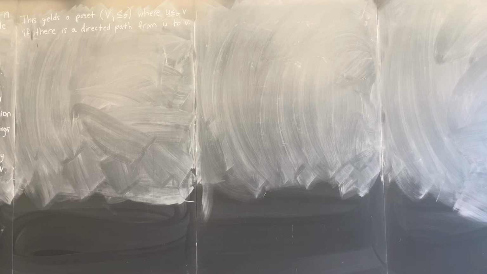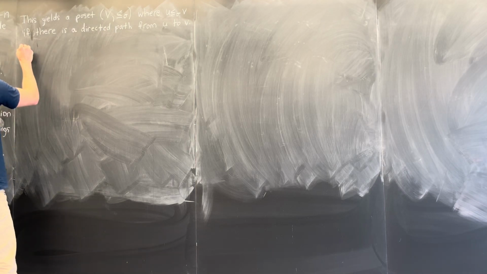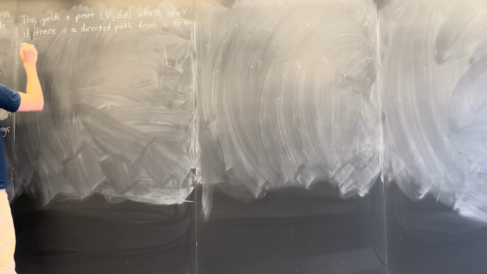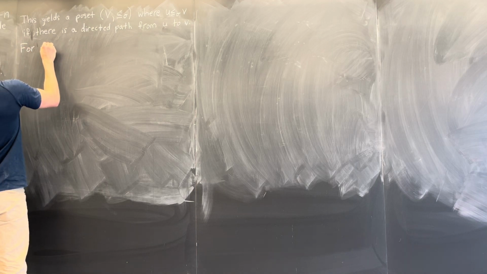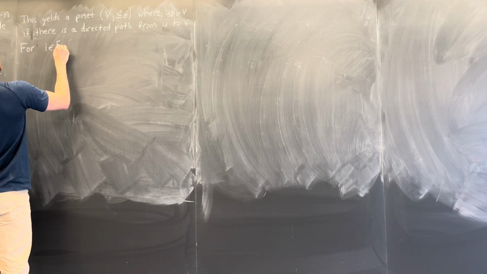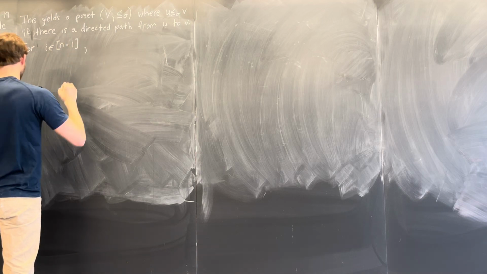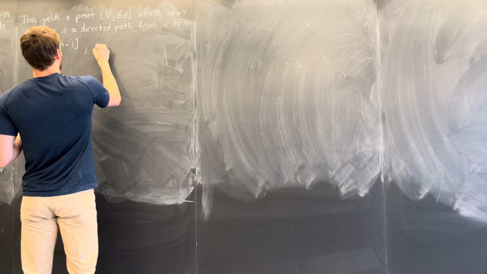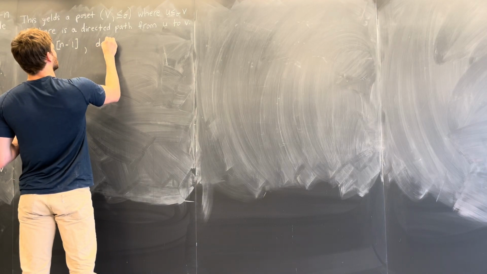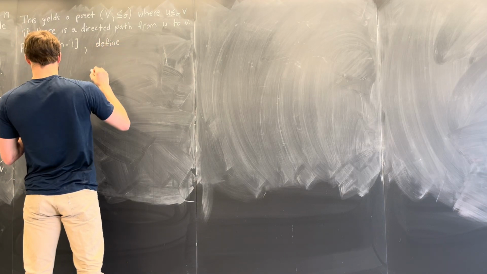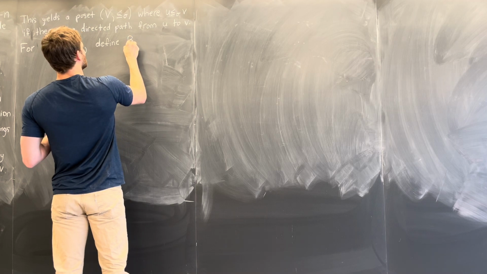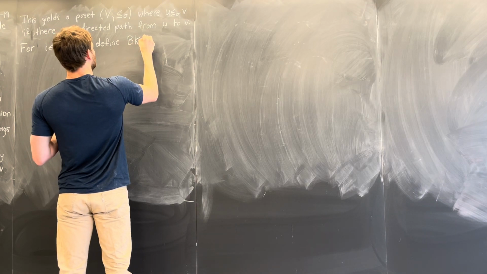So, okay, I've been talking about these Bender-Knuth involutions, but let me define them once again, but now in this setting. For i in [n-1], let's define bk sub i.